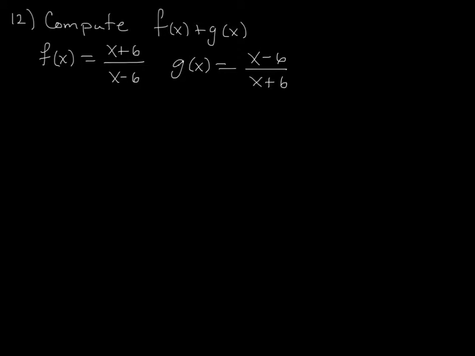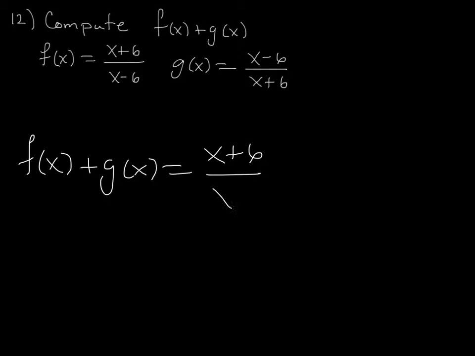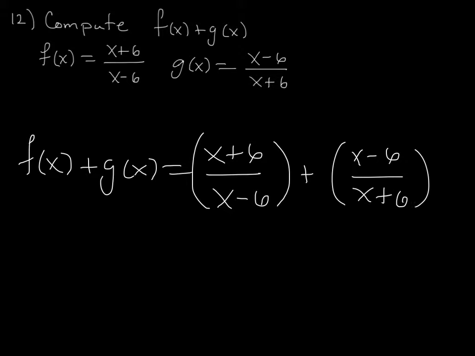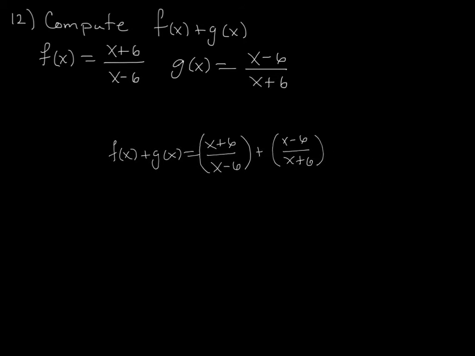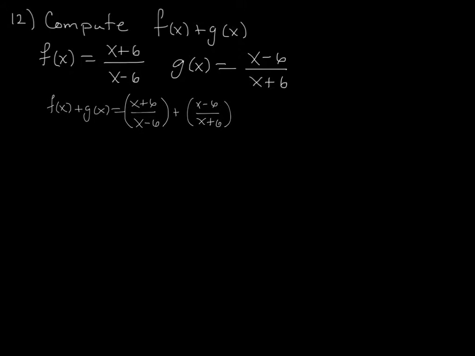In problem 12, we are once again adding these functions, f of x plus g of x, which is x plus 6 over x minus 6. Once again, being careful with the parentheses, plus x minus 6 over x plus 6. Now before we add these, just like when dealing with fractions, we need a common denominator.